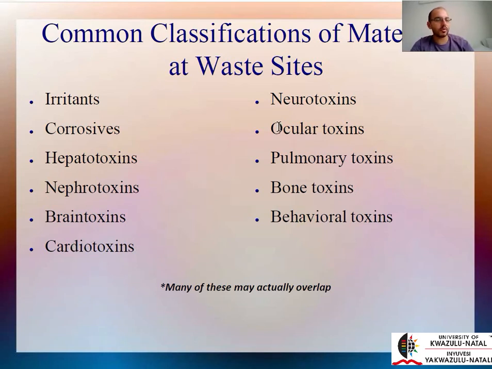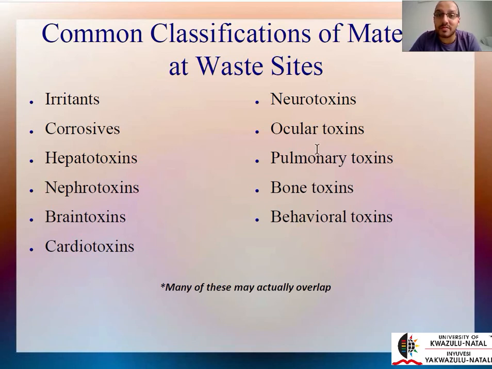Then there are neurotoxins, which affect nerve tissue. Your snake bites, your snake venom, these are typically neurotoxins. They affect your nerve tissue. Then there are ocular toxins that damage your eyes. They can cause blindness, temporary or permanent. A good example of that is cobra venom. Then there are pulmonary toxins that affect your lungs.